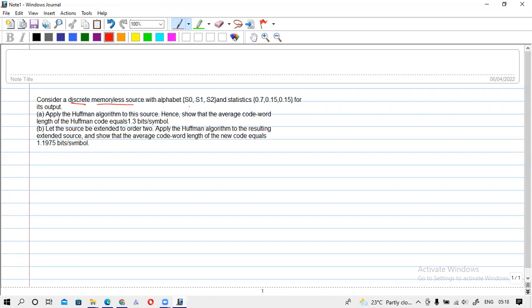So here we are given some alphabet. Sometimes we can refer to this as symbols. But sometimes it is mentioned as a symbol. In this case, we can consider this as a symbol.